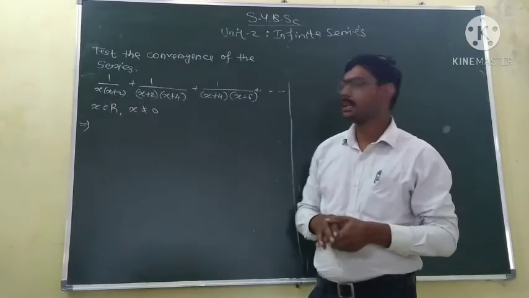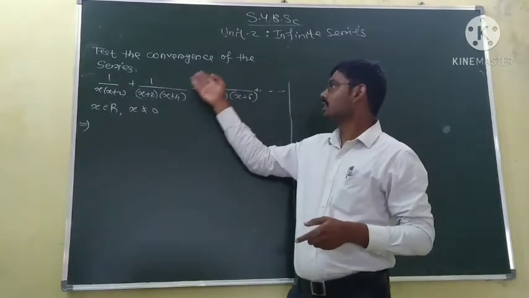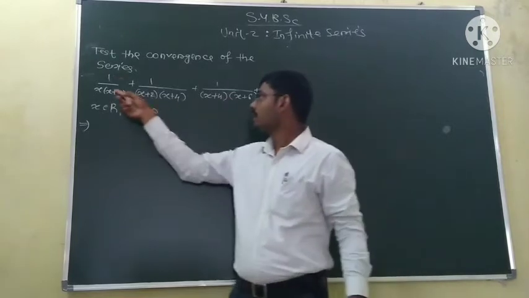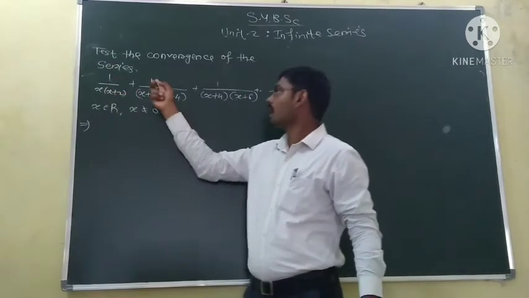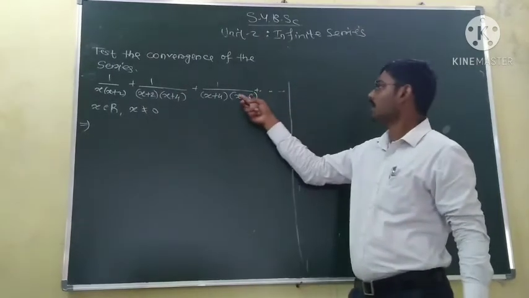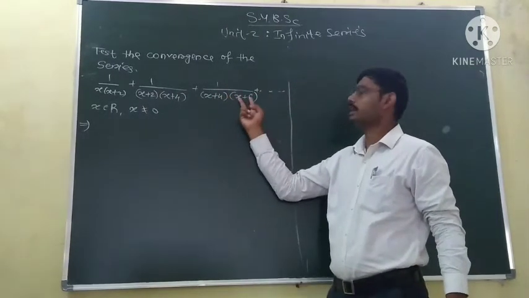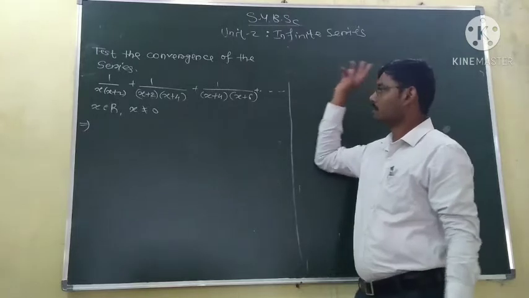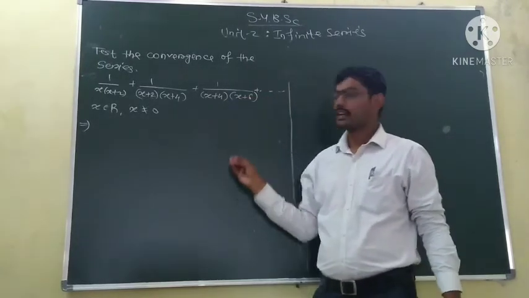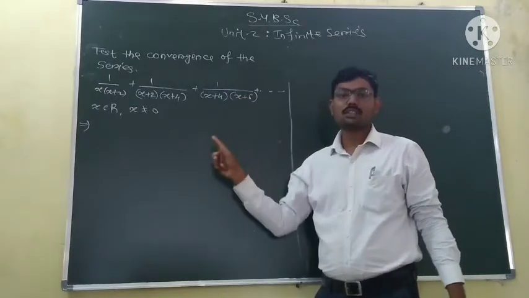So the example is to check the convergence of this series: 1 upon x into x plus 2, plus 1 upon x plus 2 into x plus 4, plus 1 upon x plus 4 into x plus 6, and so on. It is an infinite series, and we have to check whether this series is convergent or not.